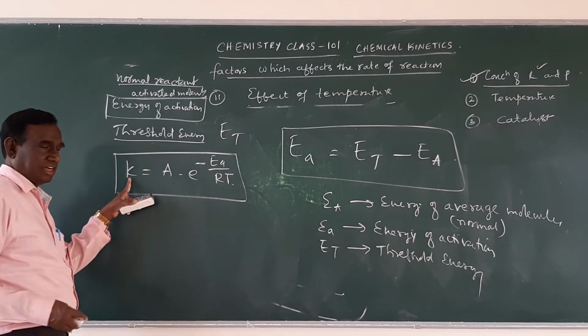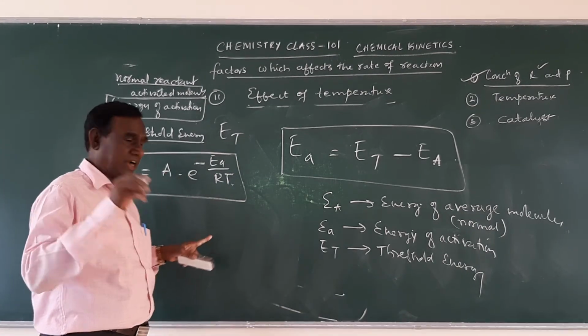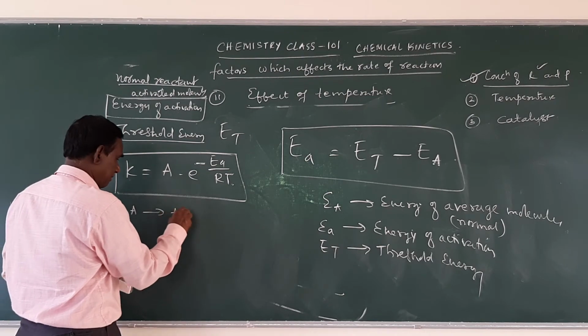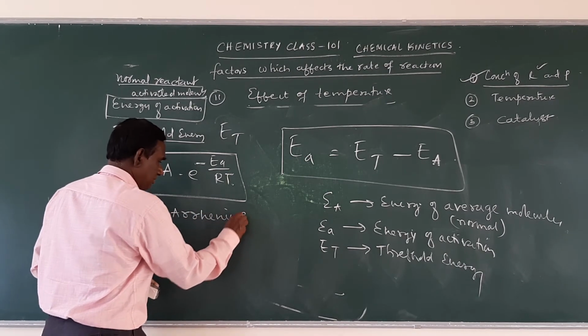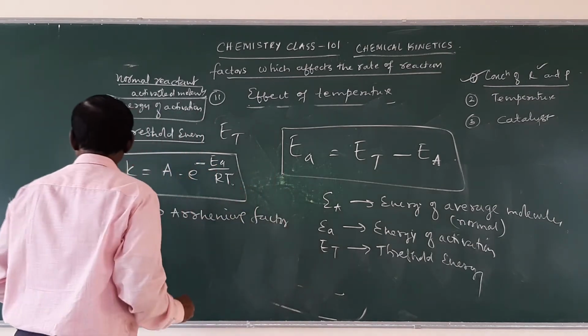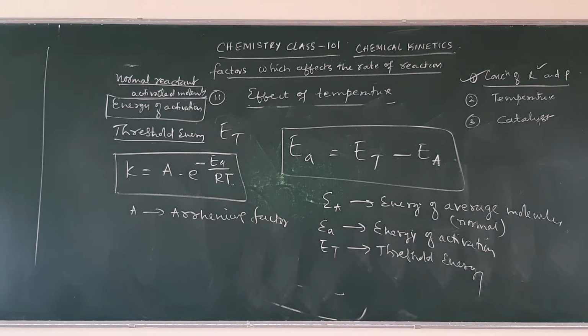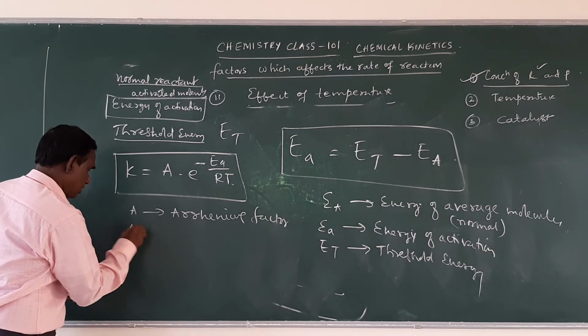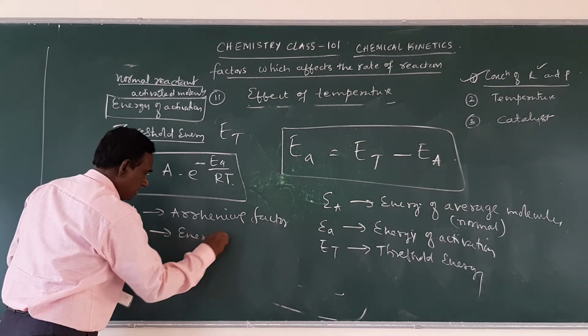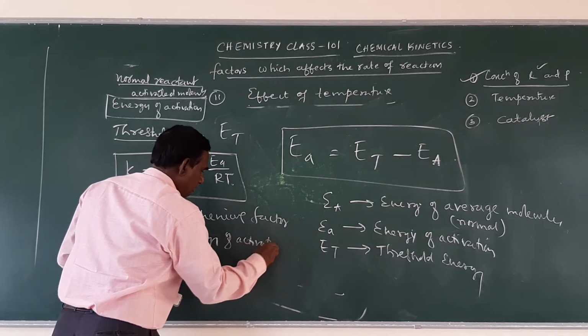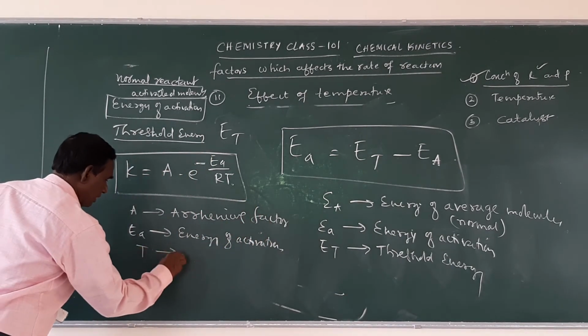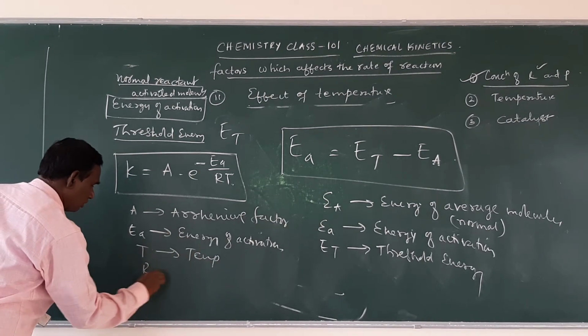where K is called the rate constant, A is the Arrhenius factor, EA is equal to energy of activation, T is equal to temperature, and R is equal to gas constant.